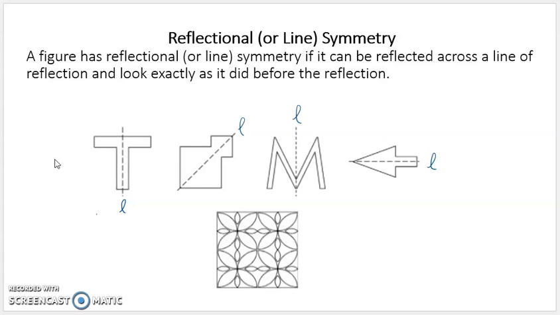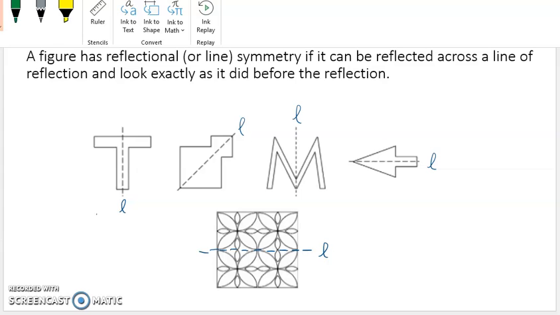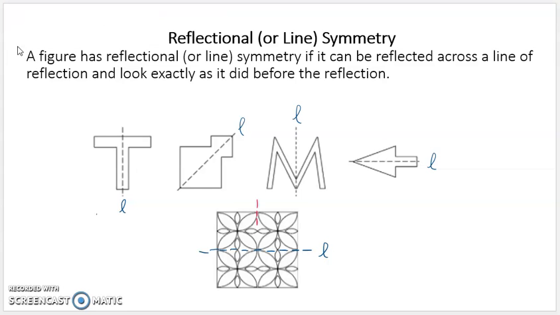This figure down here has several lines of reflection. I'm just going to sketch them in for you. So first of all, if I reflect this figure over this line right down the middle, there's line 1. If I reflect it over that line, it would reflect on top of itself. But there are other lines of reflection in this one. If you fold it over basically this vertical line, we'll call this L1, this would be L2.